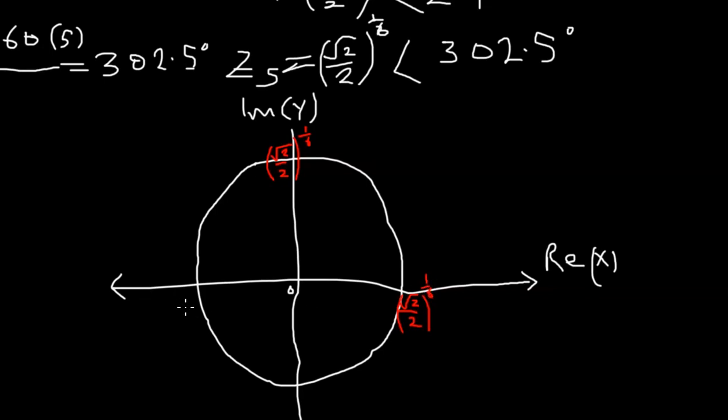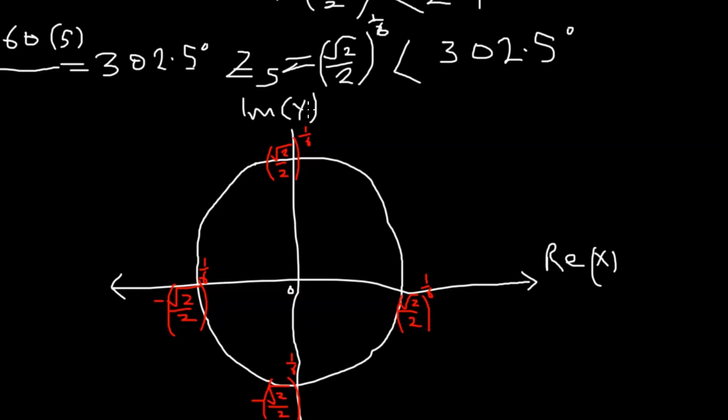Even on this side it will be negative the root of 2 over 2, everything to the power 1 over 6, and even there negative the root of 2 over 2, and then everything to the power 1 over 6. So now, having done this, we can start drawing the complex numbers.